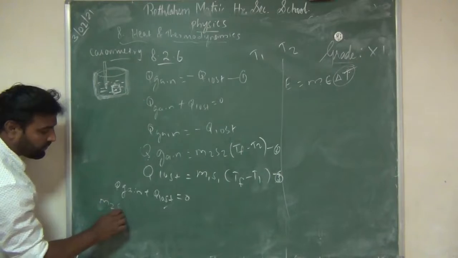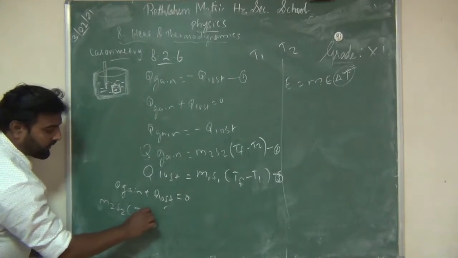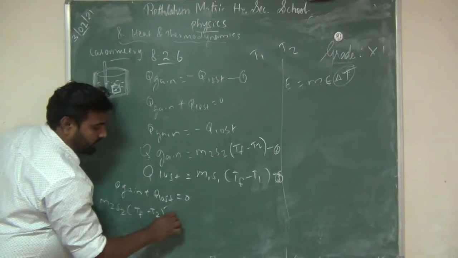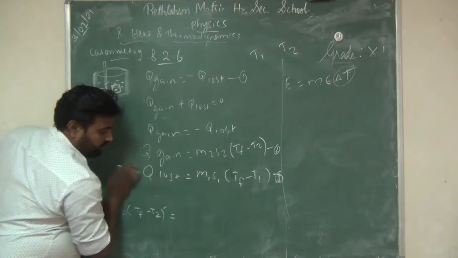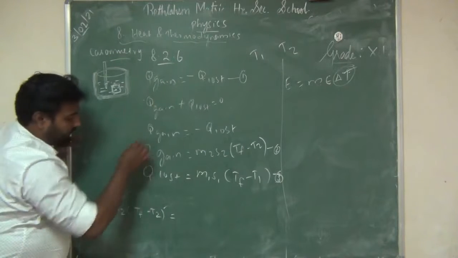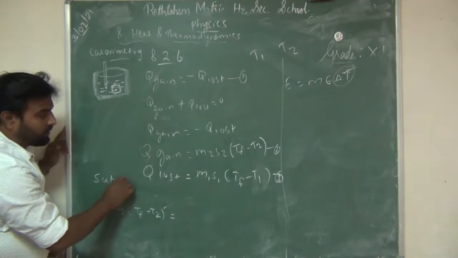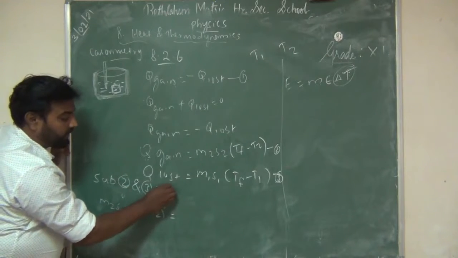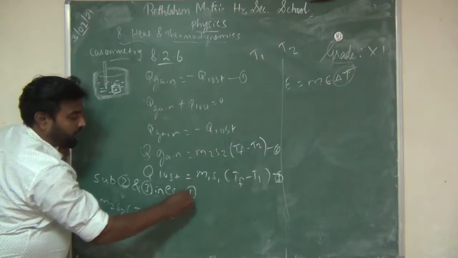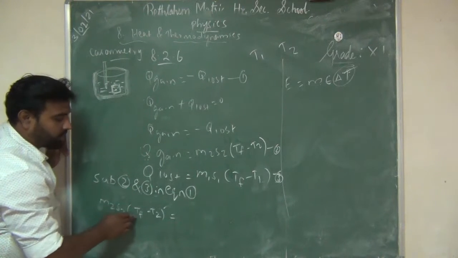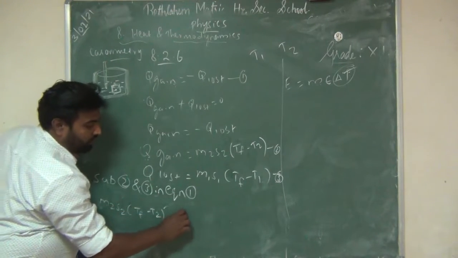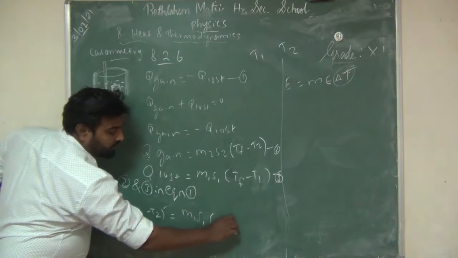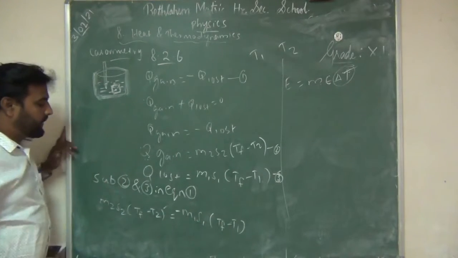Substitute 2 and 3 in equation 1. So M2 S2 (TF minus T2) is equal to M1 S1 (TF minus T1). Yes, a minus will be there.